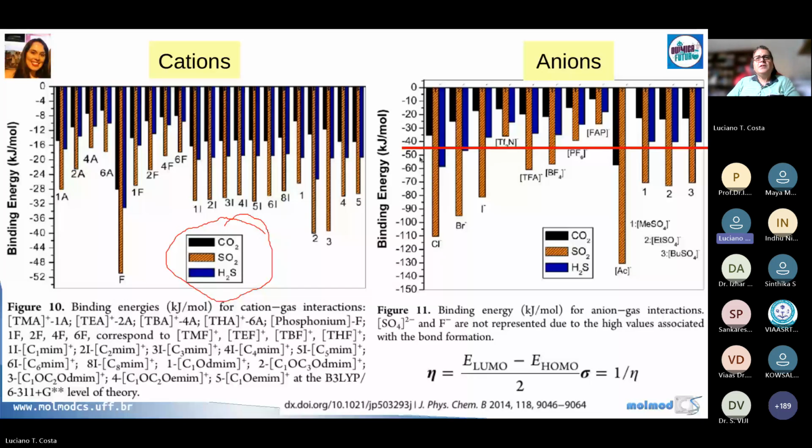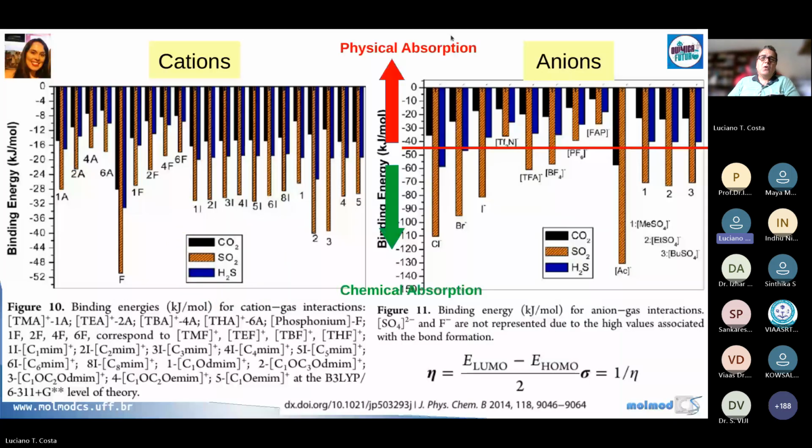For example, here the red line is the binding energy where we can separate physical absorption and chemical absorption. Less than this value, we have mainly physical absorption systems, and higher we can apply this as chemical absorption. After this work, we could see many other experimental works being developed where people try to explore some anions, for example, for chemical absorption and so on.